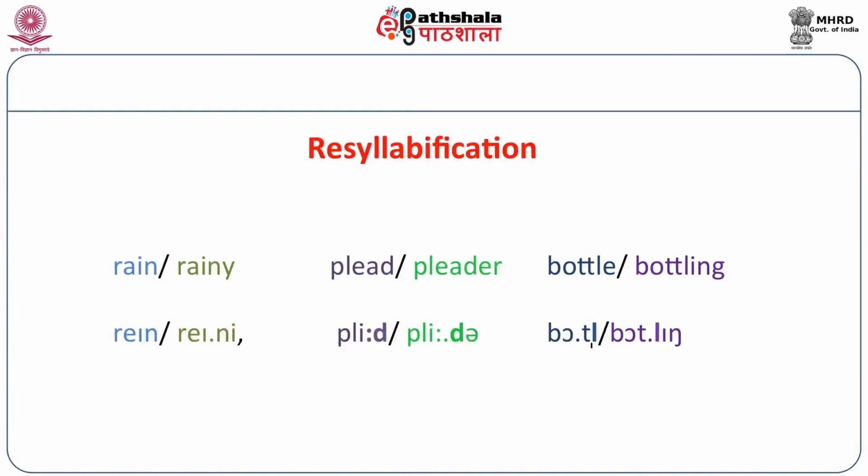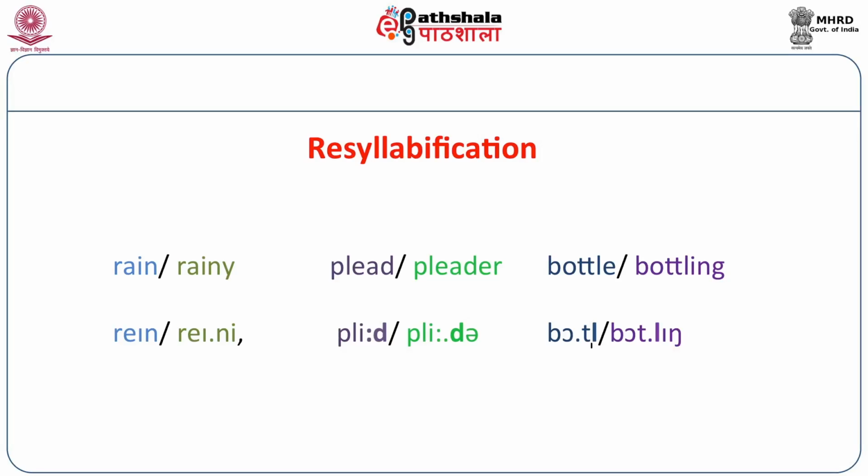In the word rain, it occurred at the end of a word, and thus it occupied the position of the coda. But in raining, it occurs between two vowels, and thus it has to be resyllabified as an onset from a coda. So thus, in the word rain, n is a coda, but in the word raining, n is the onset. This is what is meant by resyllabification.